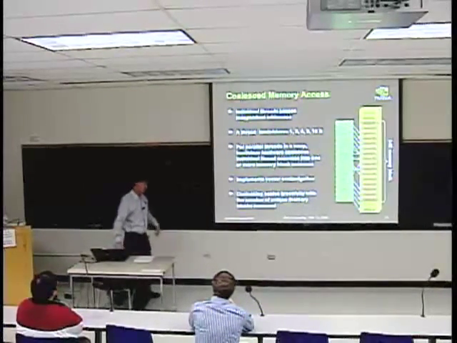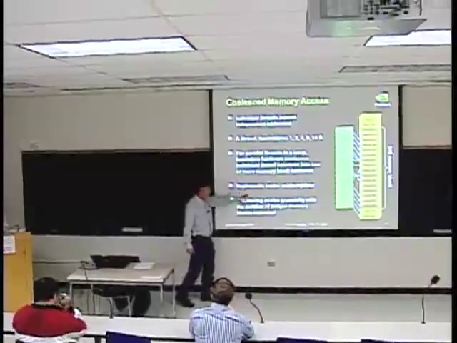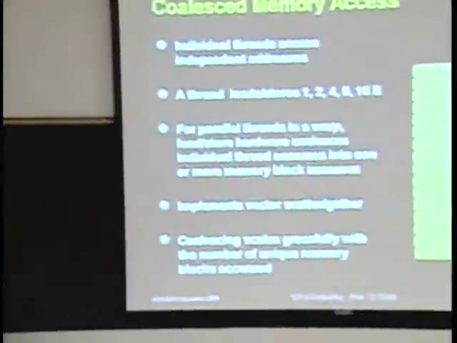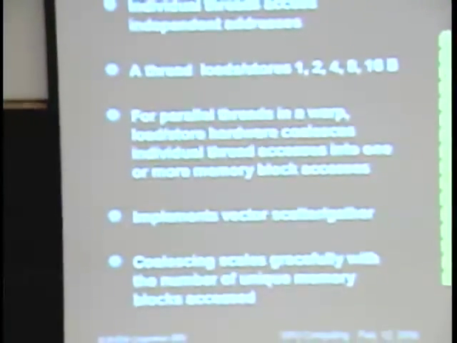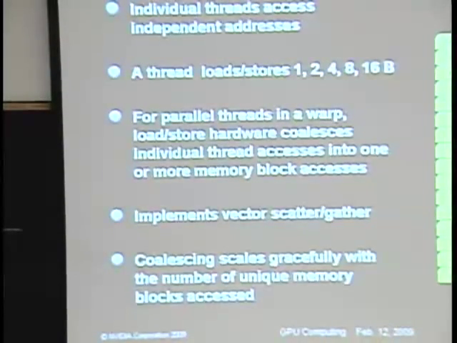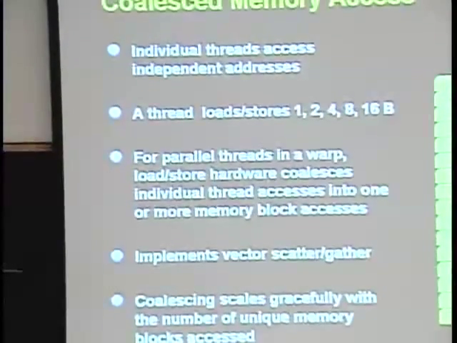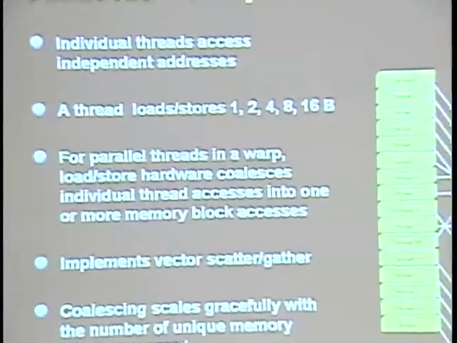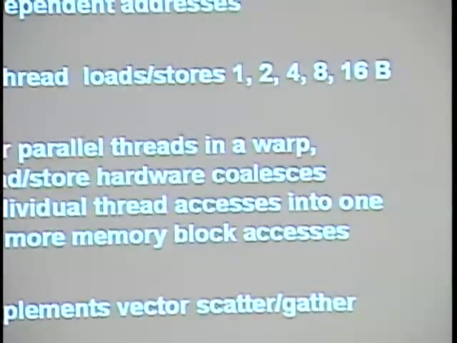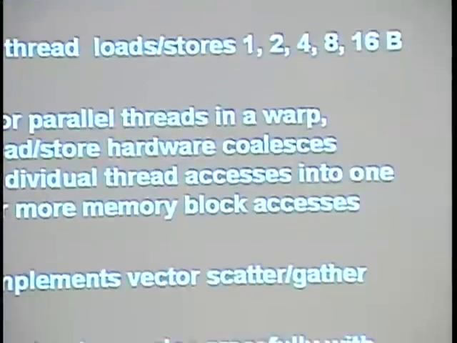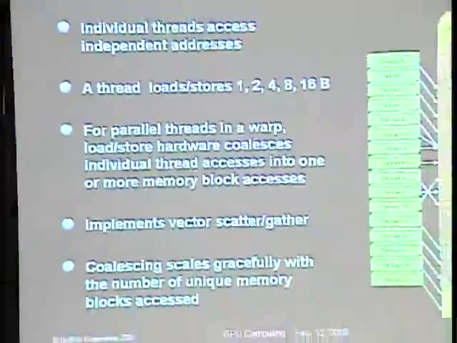So this implements a Cray-style vector scatter-gather, but it optimizes the performance so that it minimizes the number of memory blocks that are transferred. It converts thousands of little tiny fine-grained requests for 1 byte or 2 bytes or 4 bytes per thread into big, coherent memory blocks that it can transfer quickly.